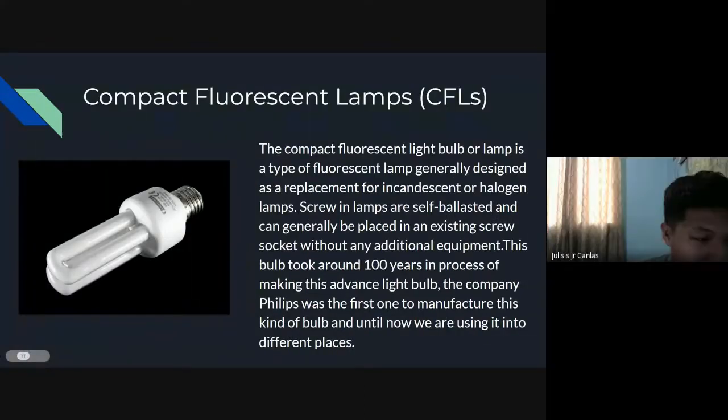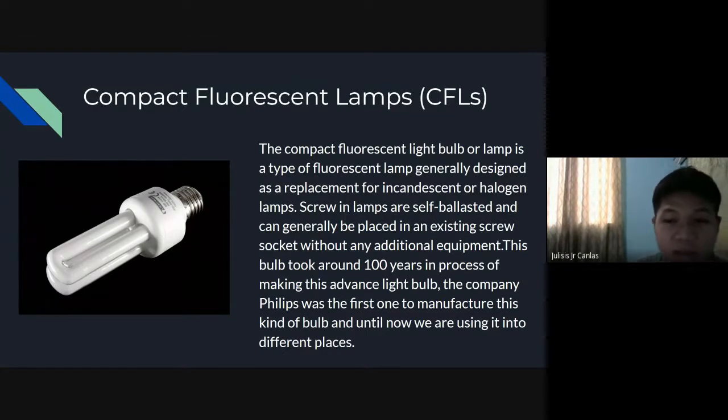Okay, next one is the compact fluorescent lamps or what they call CFLs. The compact fluorescent light bulb or lamp is a type of fluorescent lamp generally designed as a replacement for incandescent or halogen lamps. Screw-in lamps are self-ballasted.